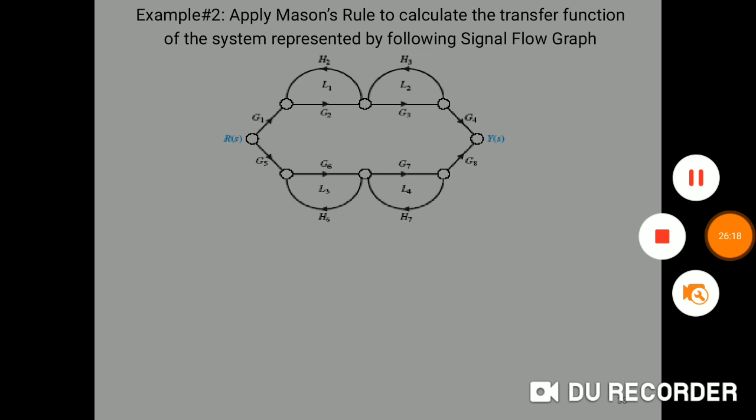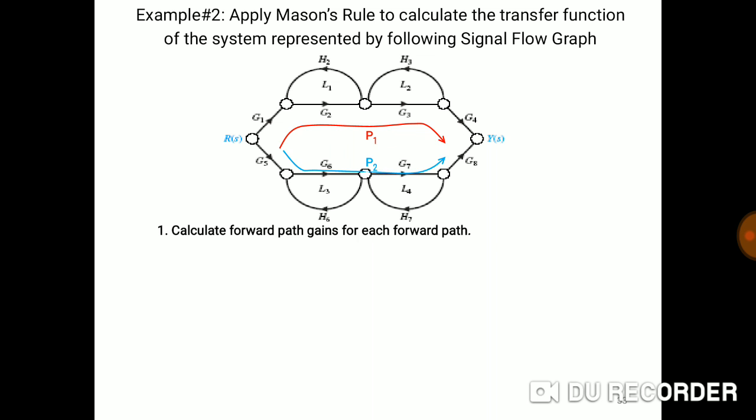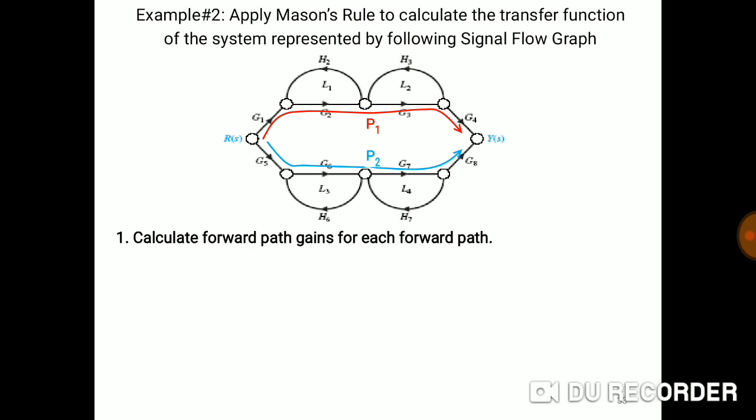Next, apply Mason's rule to calculate the transfer function of the system represented by the following signal flow graph. We'll follow the same systematic approach. First, calculate the forward paths. There are two forward paths, and we write down the gain for each.